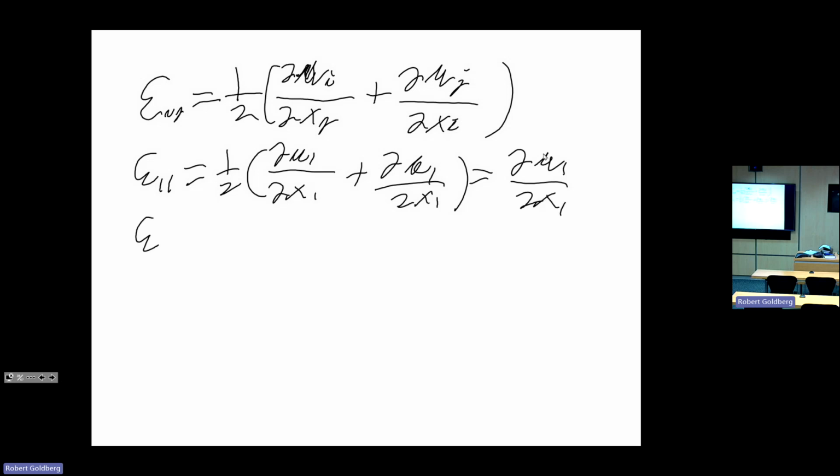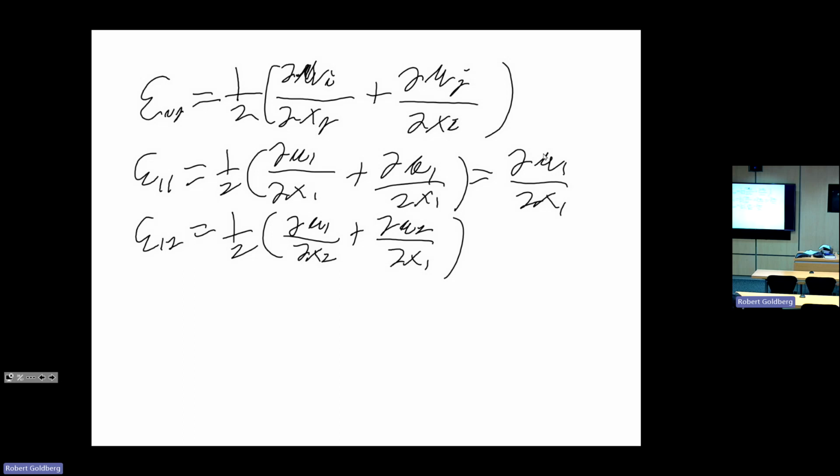And then epsilon 2 is equal to 1/2 of the derivative of u sub 1 with respect to x sub 2 plus the derivative of u sub 2 with respect to x sub 1.